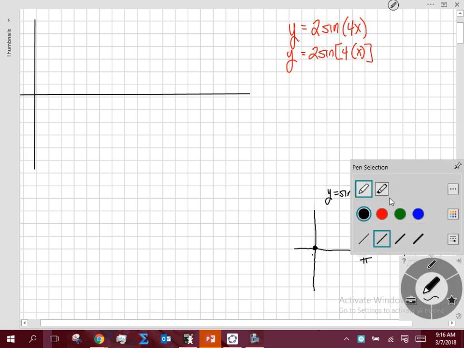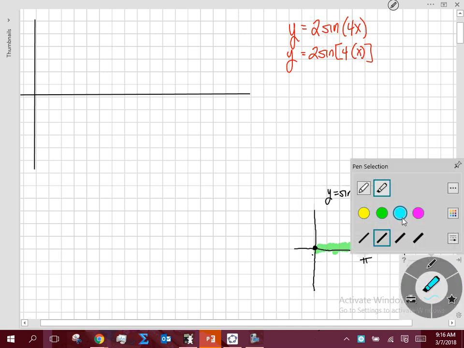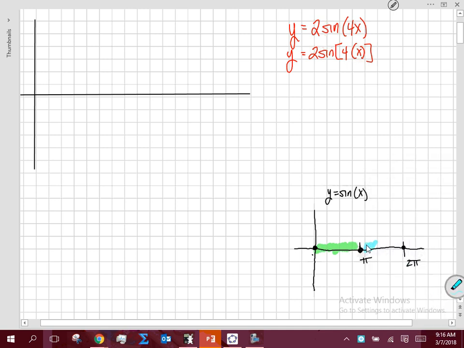Now, what's nice about that, and this is going to be mimicked every single time you see a sine curve, no matter what the transformations are, you're going to break this thing up with your x-intercepts into 2 equal regions, 2 equal intervals. All right?